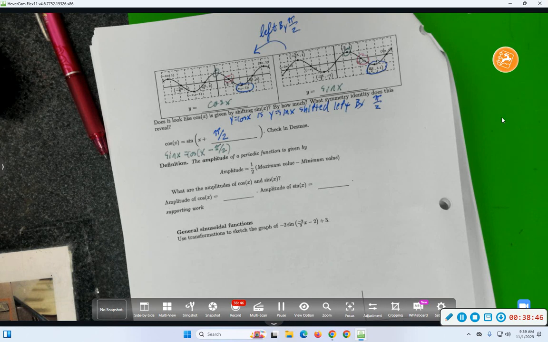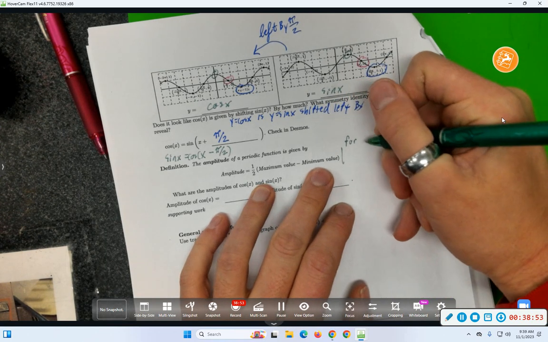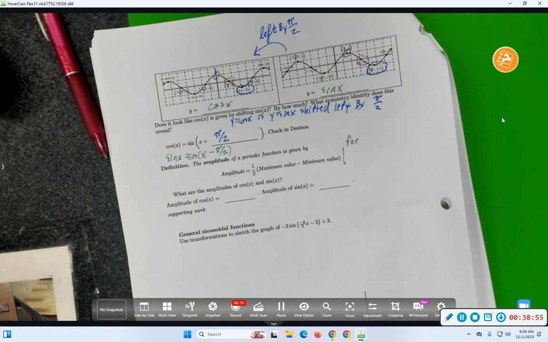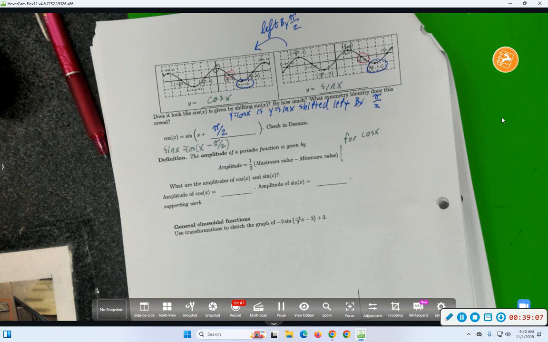All right, let's look at those things on the top. Should we do it for sine or for cosine first? For sine? For cosine? Cosine it is. So let's compute the amplitude specifically of cosine of x.